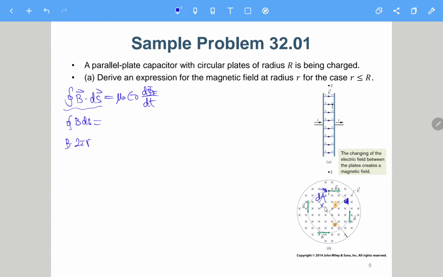The path is clockwise, so dA should be pointing into the page.